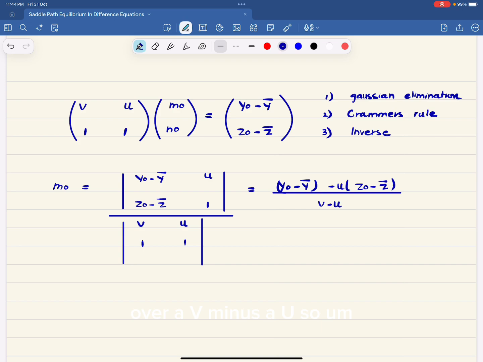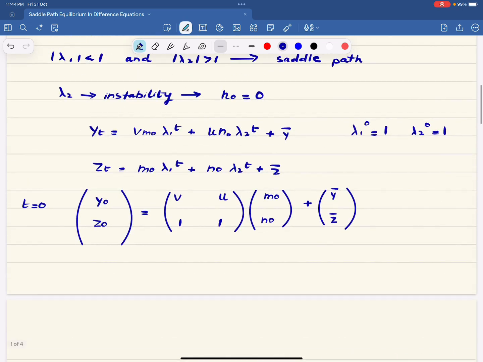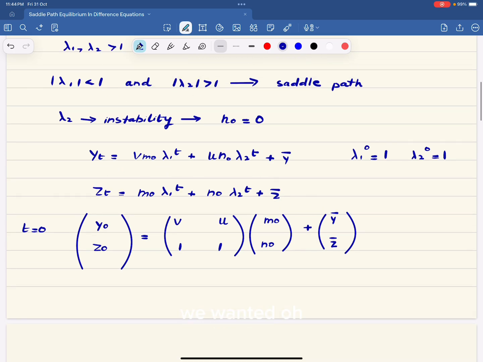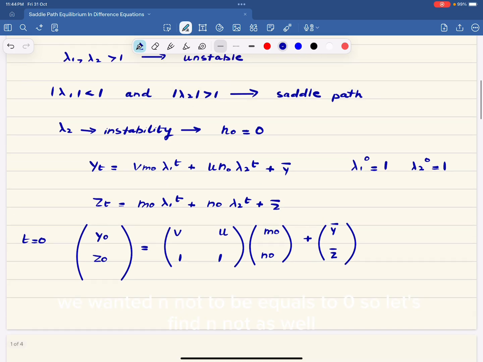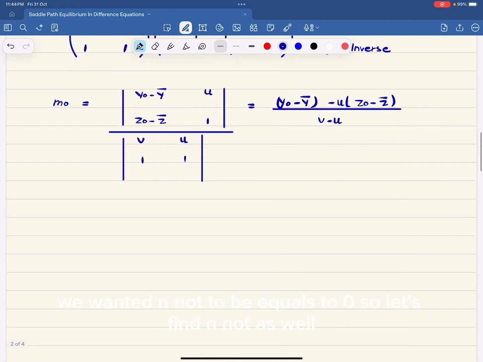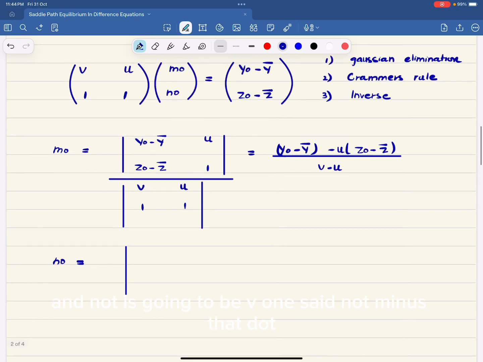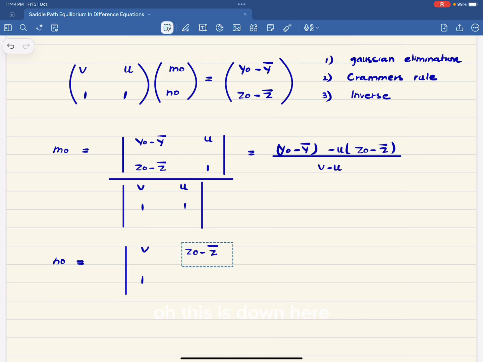So we wanted n naught to be equal to 0. So let's find n naught as well. N naught is going to be v, 1, z naught minus z bar. Oh, this is down here.